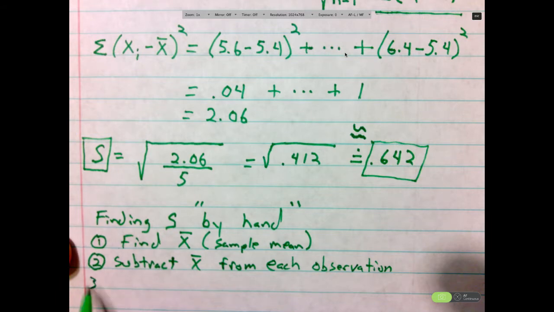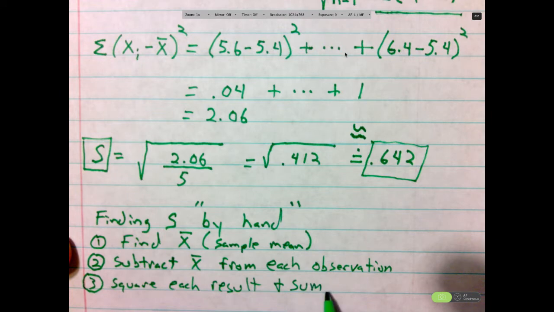Next, square each result and sum. Next, divide by n minus 1. Lastly, take square root.